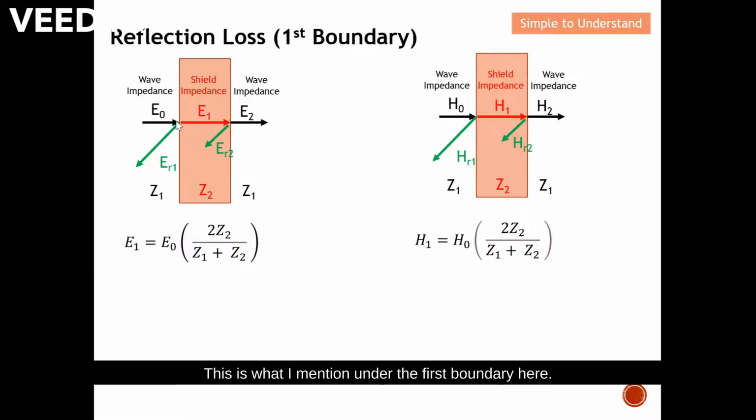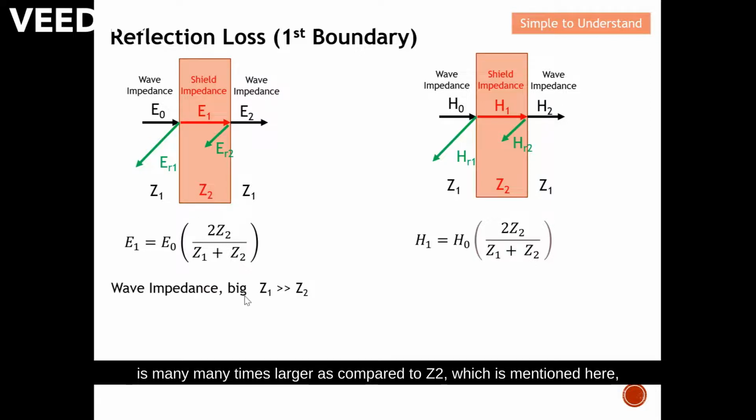So this is what I mentioned under the first boundary here. Let's study the electric field first. This is the equation that we have derived earlier on. I mentioned that the electric field will have a high wave impedance. So when the electric field has a high impedance, it means that Z1 is many times larger as compared to Z2, which is mentioned here.